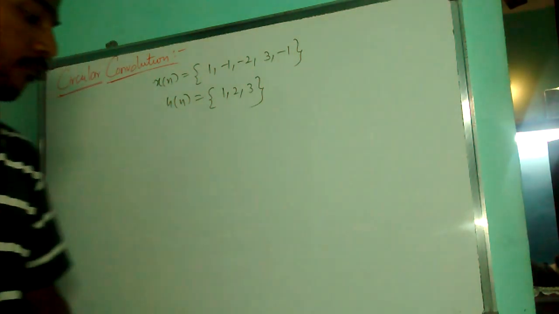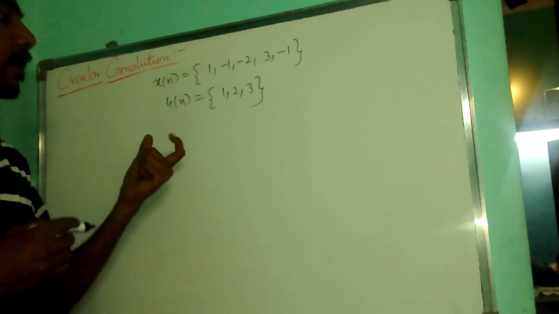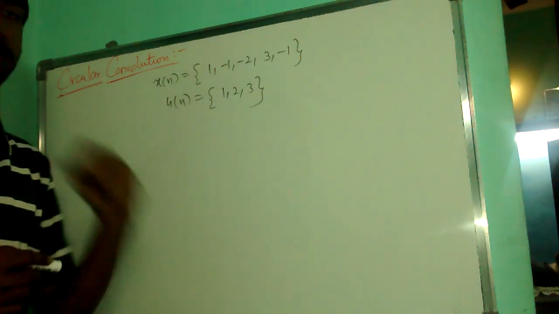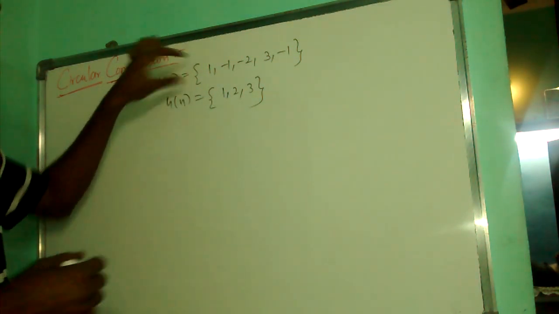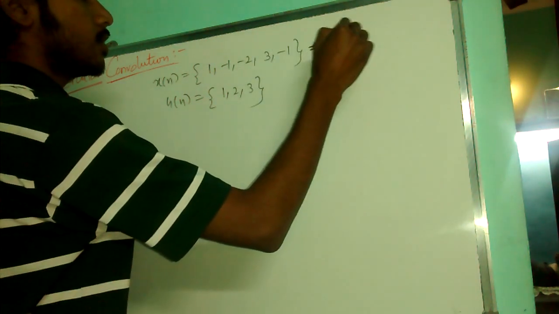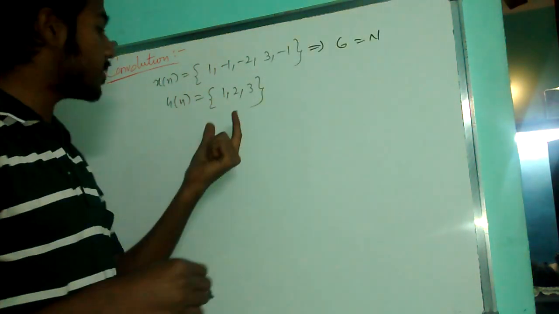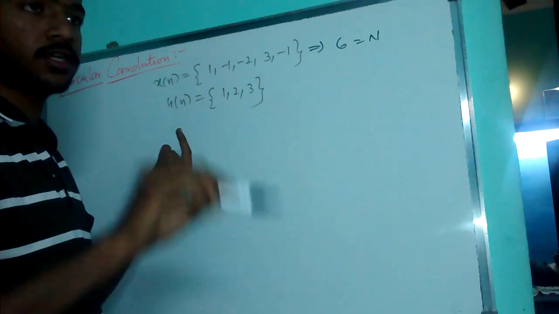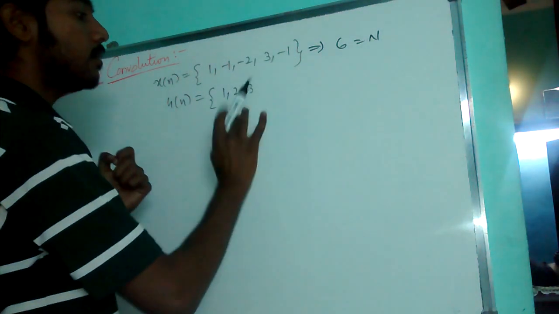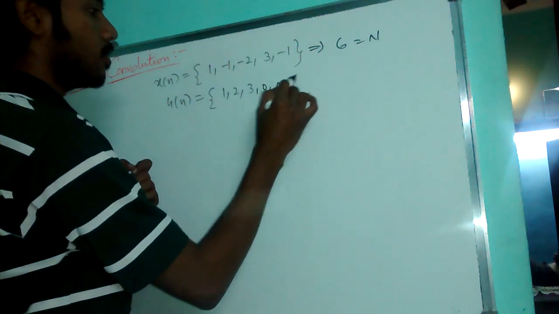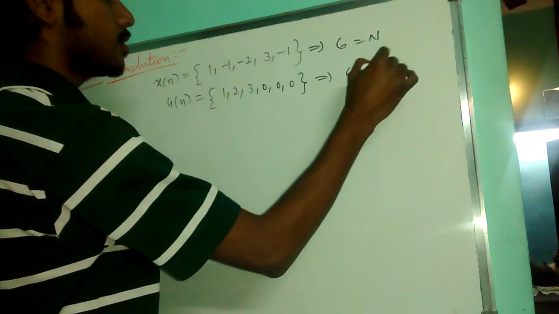First of all, we should be clear with the length of the sequences. The length of the sequence of x of n is 5. So try to maintain the same length, because for circular convolution the length should be the same. So I'll add 3 zeros here so that this is also 6.